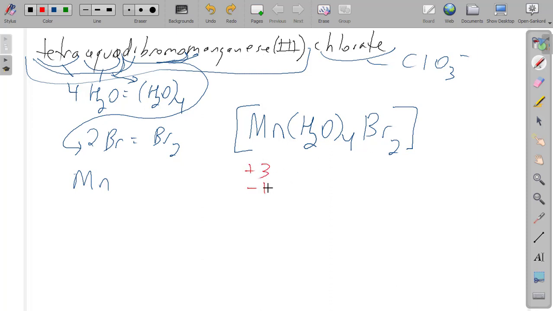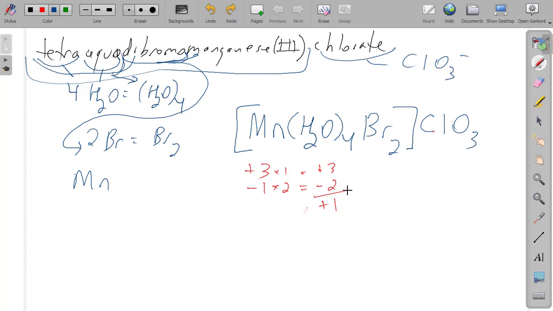And the Br is a -1, and there's 2 of those. So that's +3, and that's -2, which is going to give an overall +1. And chlorate's already -1, so there is only one of the chlorates then, because we need the charges to always add up to 0.